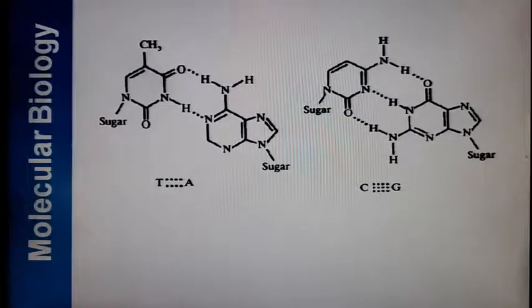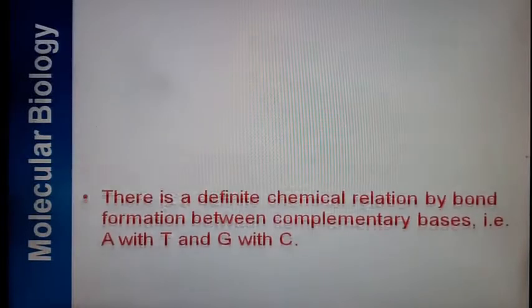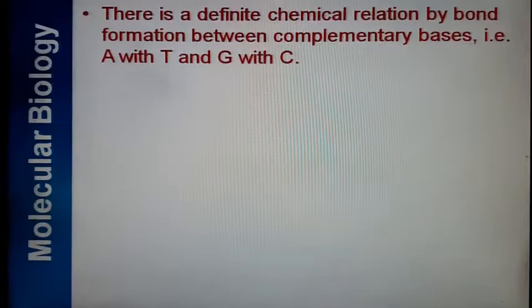Here it is shown that thymine forms 2 hydrogen bonds with adenine. Cytosine forms 3 hydrogen bonds with guanine. What does it mean? When the amount of A is equal to T and C is equal to G, there must be some chemical relation, some bond relation between them.